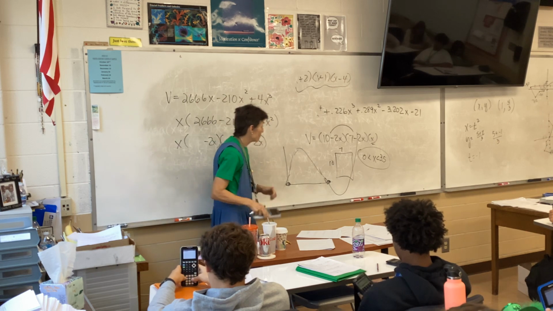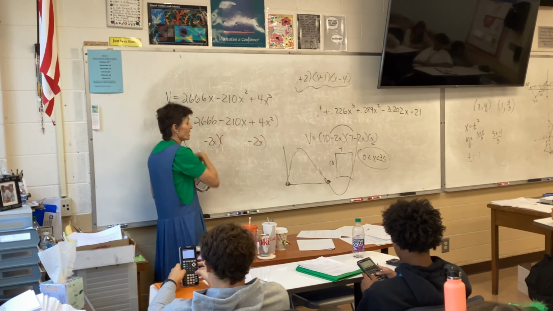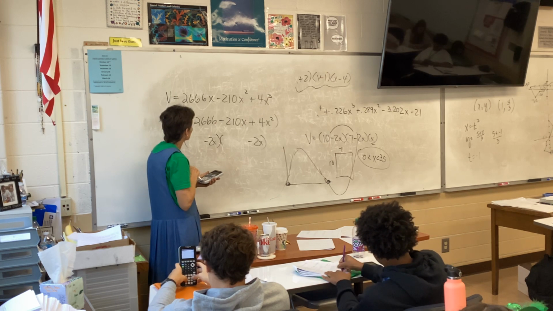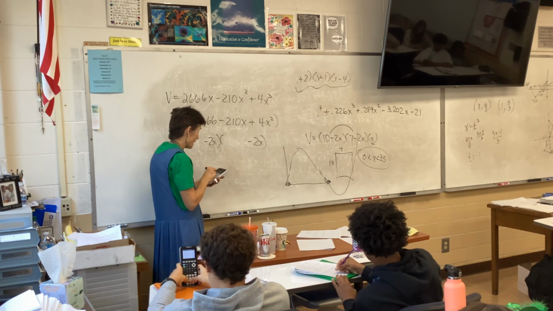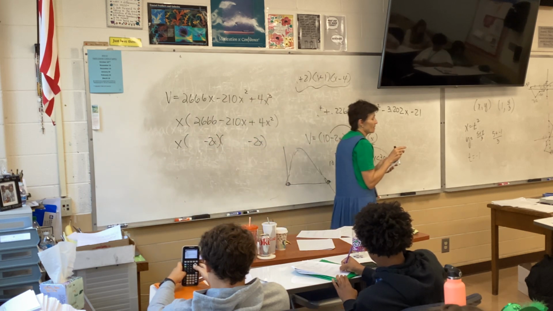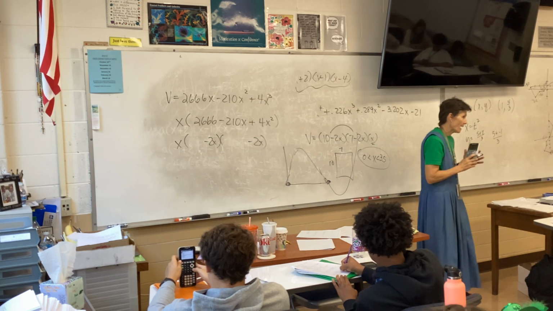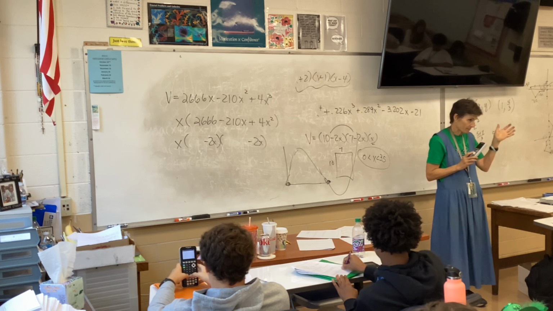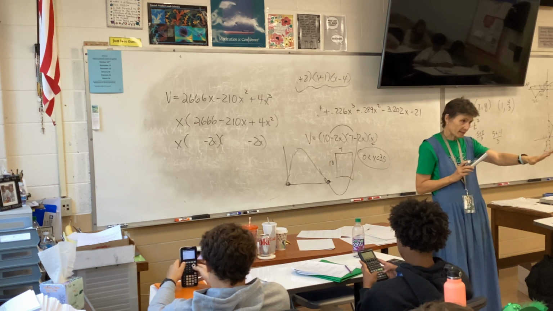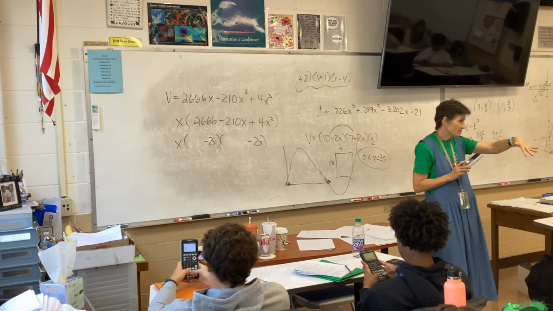So what if I put this equation into my calculator and hit graph? Now, maybe before I hit graph, I should adjust something. Window. So I don't want x or y to be negative. So my minimums should be 0.